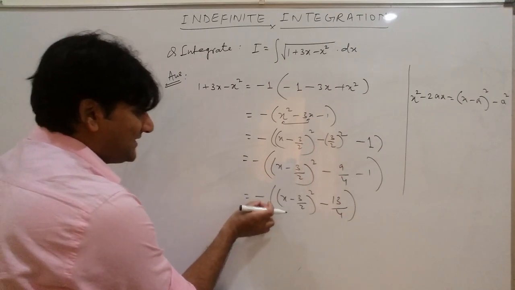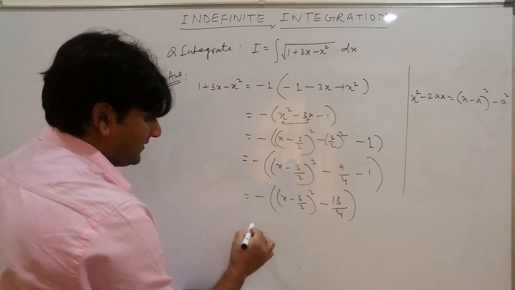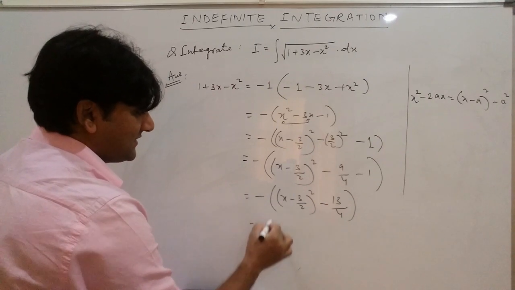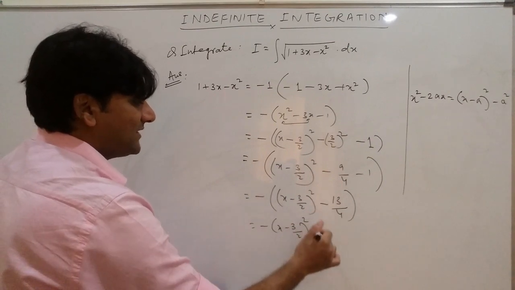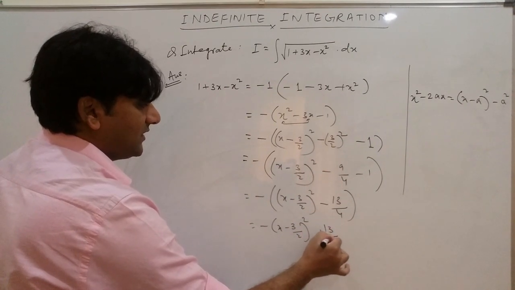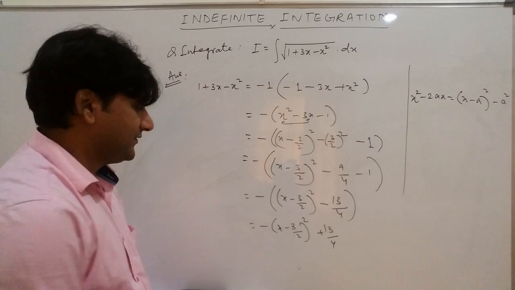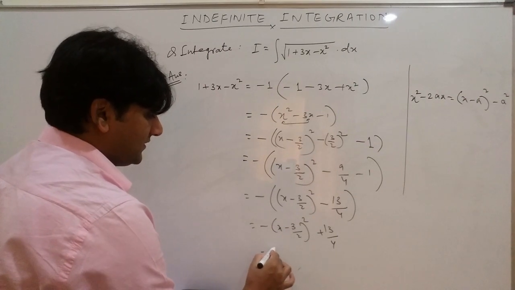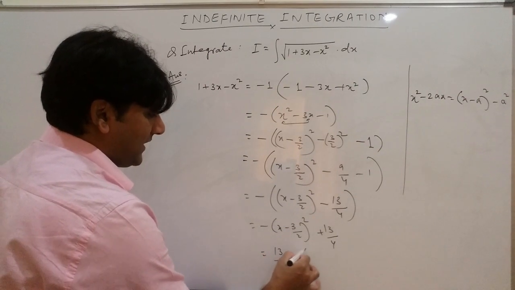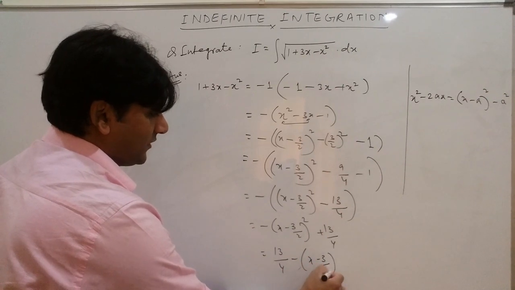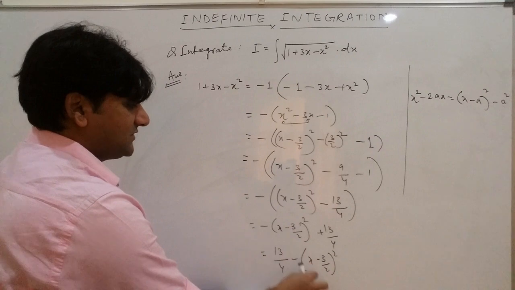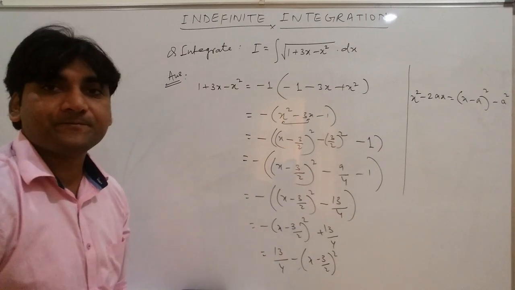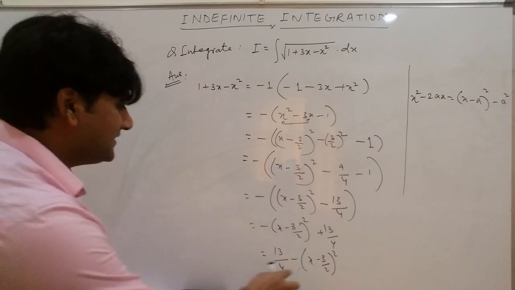Now you can take this minus inside this bracket. So this would be minus times this, so minus of x minus 3 over 2 whole square, minus minus plus 13 over 4. Okay, so finally we got 13 over 4 minus x minus 3 over 2 whole square. 13 over 4 first, and then minus x minus 3 over 2 whole square.